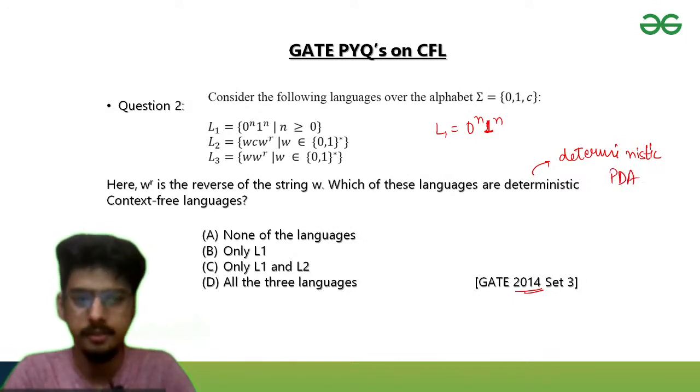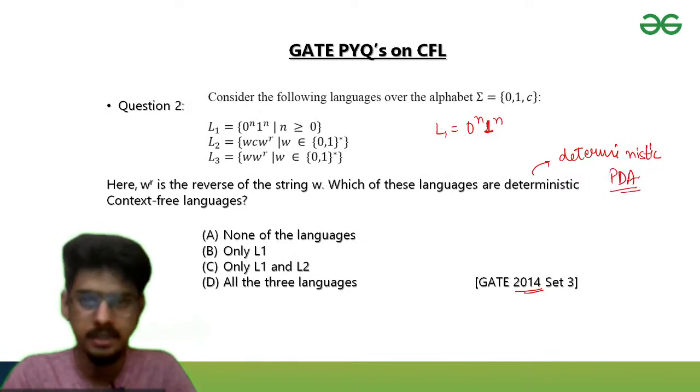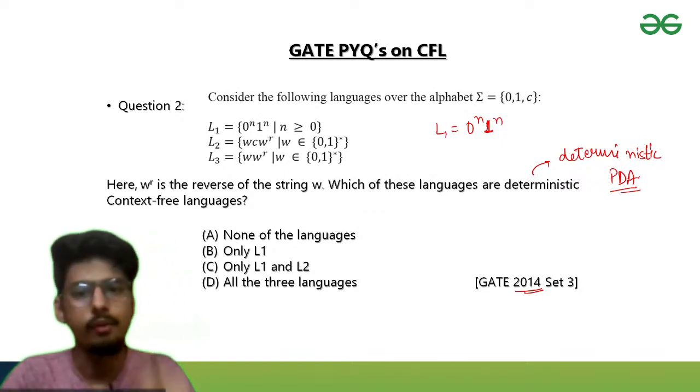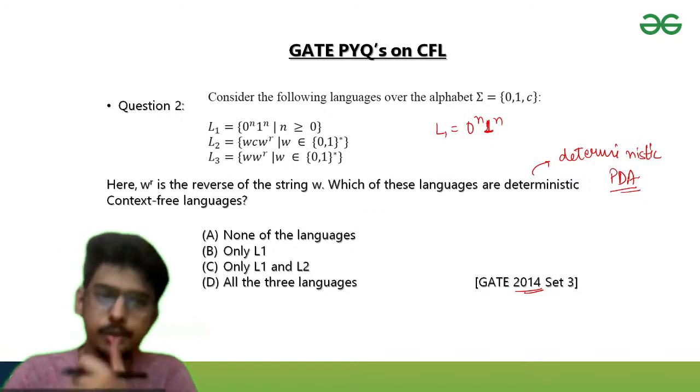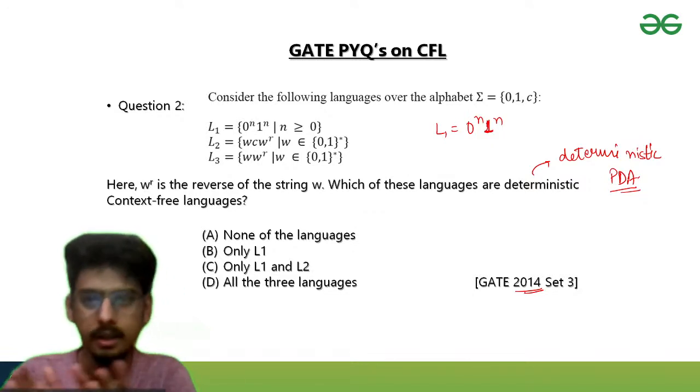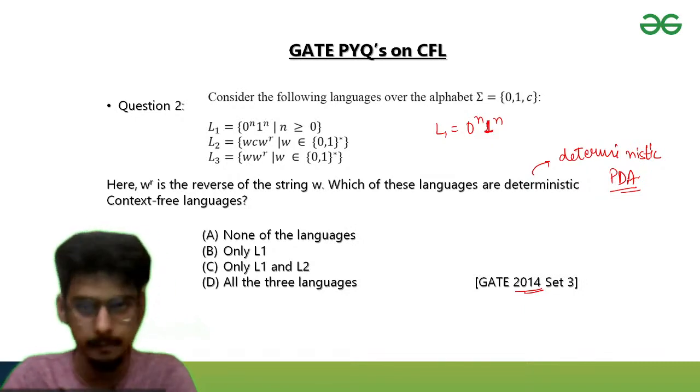So what is the difference between the two? The only difference is that for one input symbol, in a specific state, you can have more than one transition in a non-deterministic PDA.